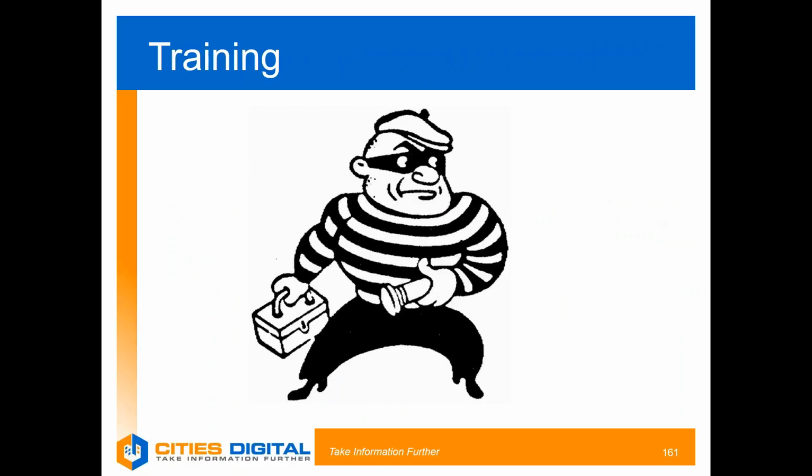Now, training, finding who's guilty, finding who did the problem, that's something that we've got a lot of ways to do. Laserfiche 10.1 has that really nice way that you can right-click and see some of the audit trail on that specific document.